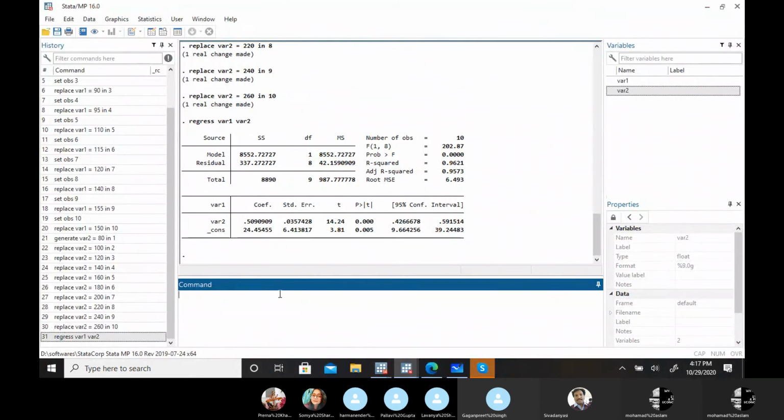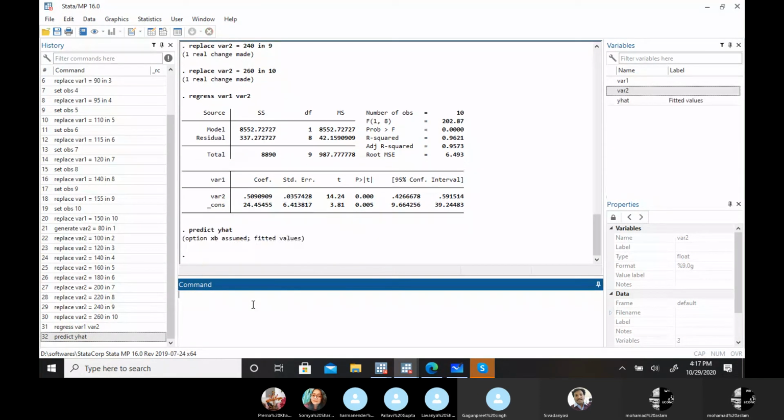Let's suppose we have this regression model. Predict y hat. Then we need u hat, so generate u hat, which is equal to the dependent variable minus y hat.